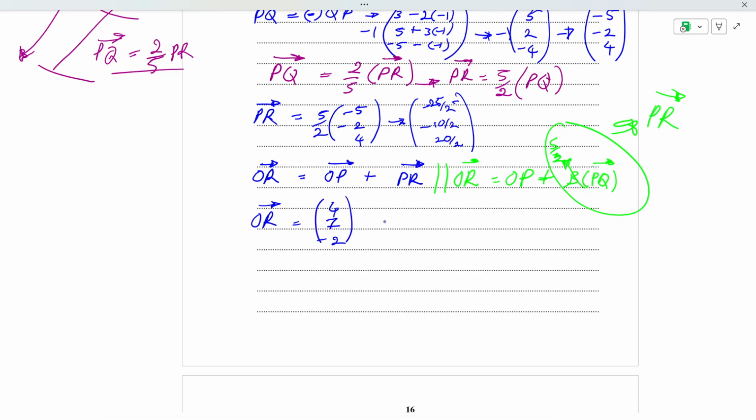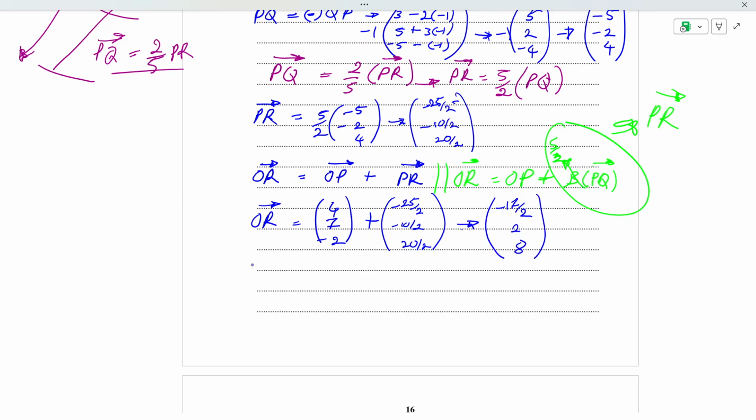Add that to PR, which is right there. That's what PR is. So I have -25/2, -10/2, and then 20/2. We do that addition and we have -17/2, 2, 8.